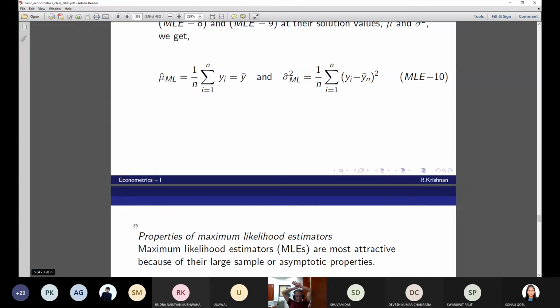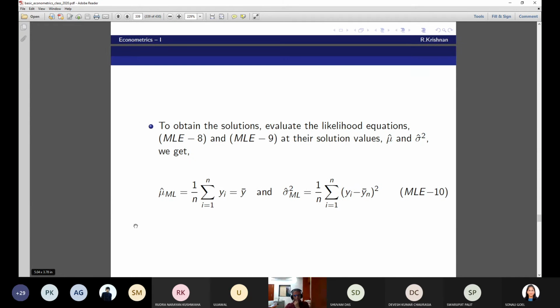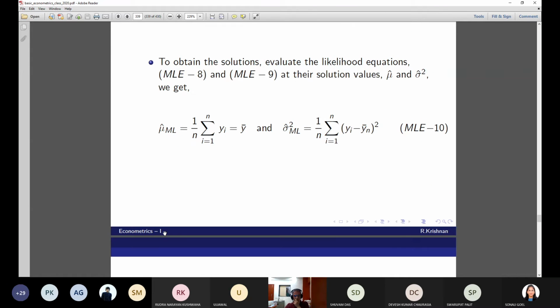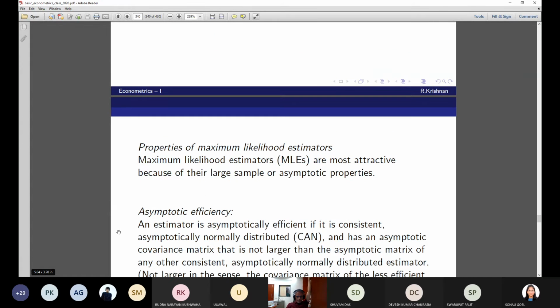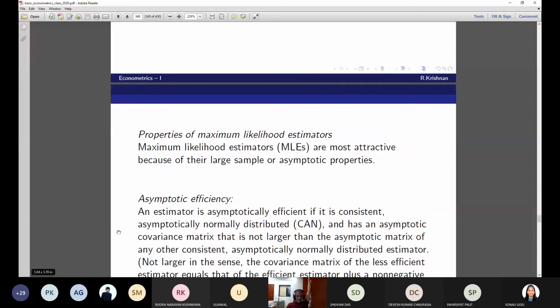The properties of maximum likelihood estimators. Now comes the toughest part of MLE. Maximum likelihood estimators, MLEs, are most attractive because of their large-sample, asymptotic properties. What is asymptotic efficiency?